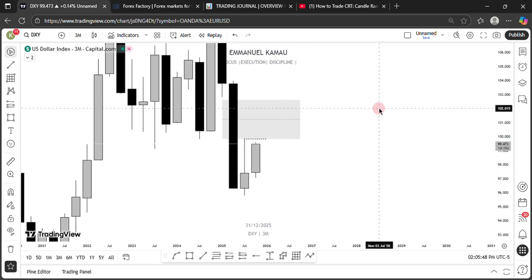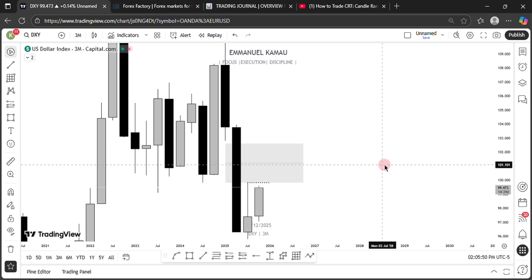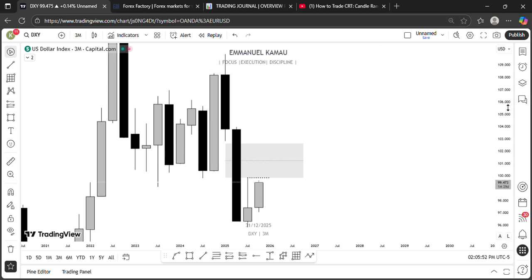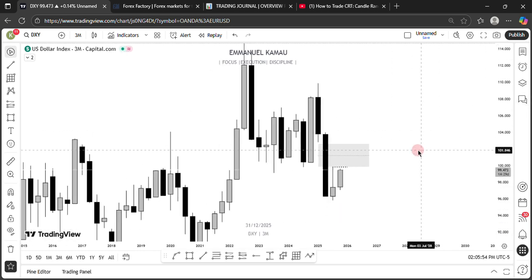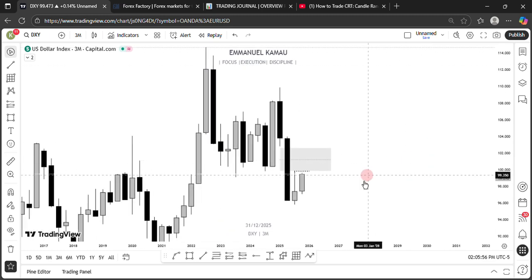From the higher time frame we go to lower time frames to support our bullish price action on DXY. Remember, DXY is the dollar index and DXY controls more major pairs. That means DXY controls major pairs like EURUSD.